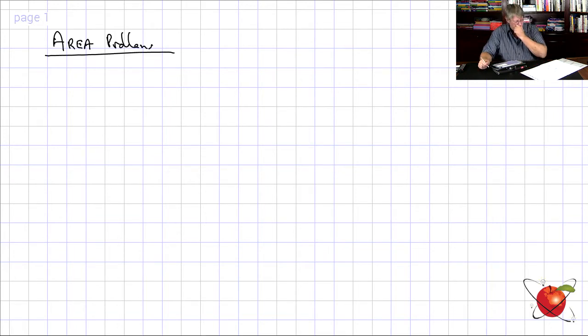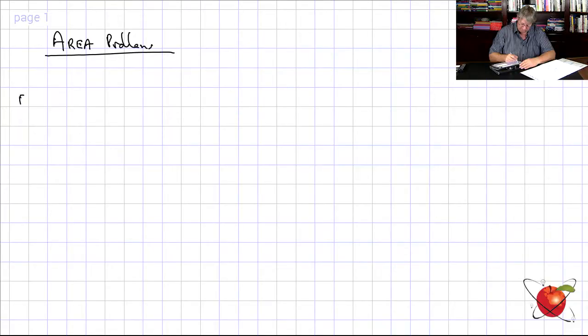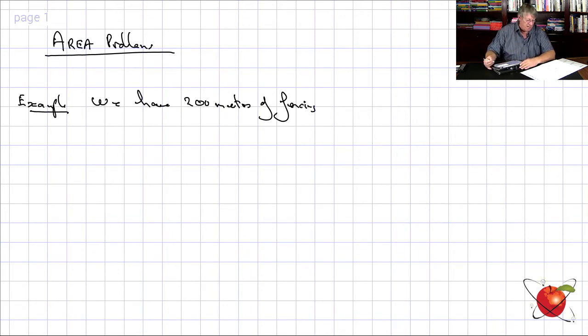Right. Now, basically, when we draw it, let's say we've got a problem. Let's look at an example. And here we go, okay? We have 200 meters of fencing. And we are required to construct a rectangle.